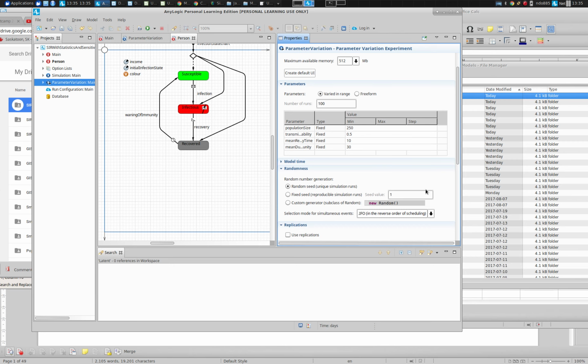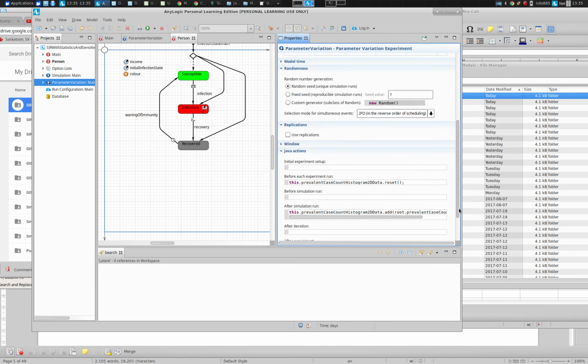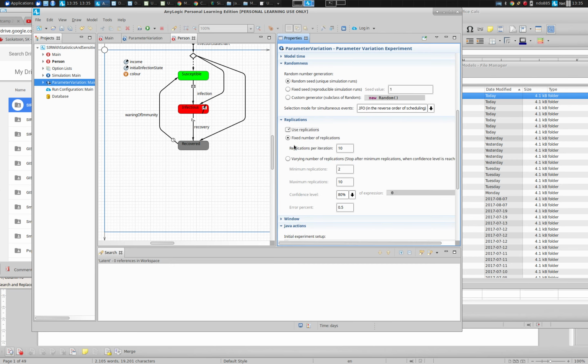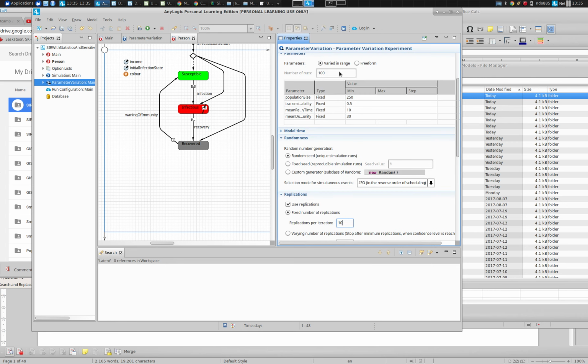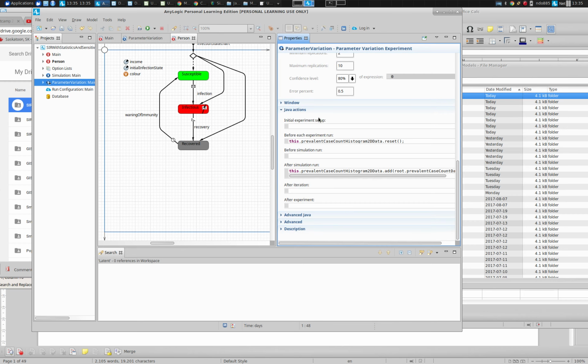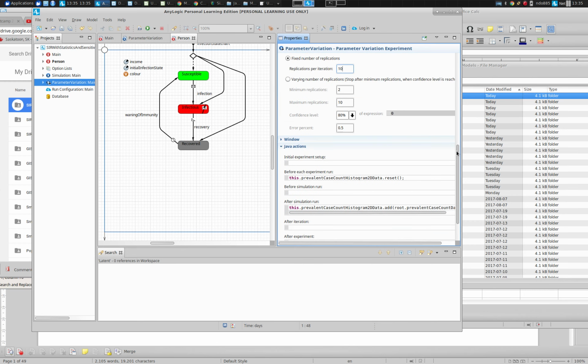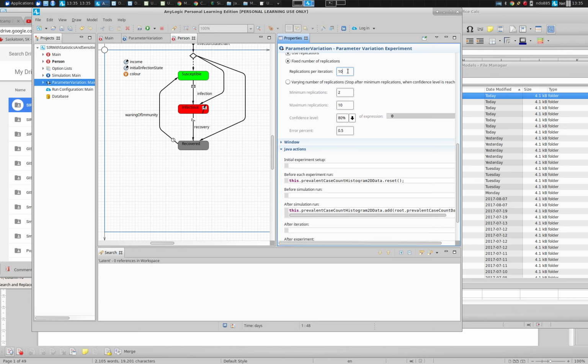AnyLogic provides support for that through what are called replications. And by saying we can use replications, we can say how many times we want to run it for a given combination of parameter values. So for a specific assignment to the different parameter values involved for this model, what particular number of realizations do I want to run?